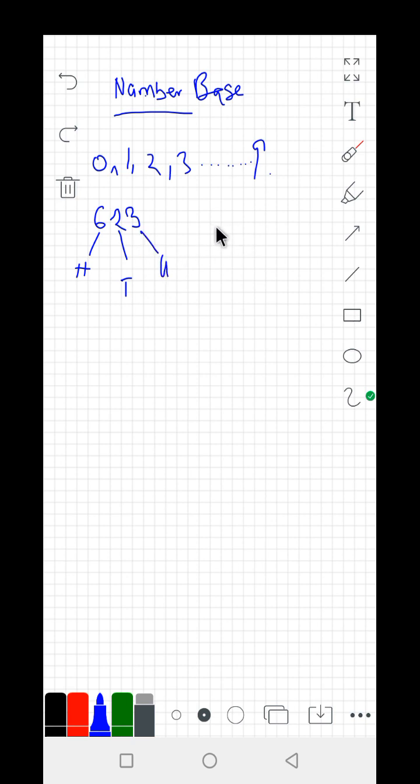Now this means that if we write 623 in base, which is actually base 10, we can express it as 6 times 10 raised to power 2, plus 2 times 10 raised to power 1, plus 3 times 10 raised to power 0.